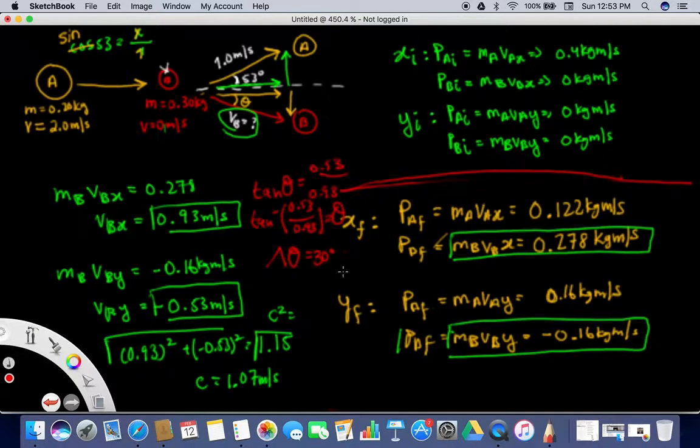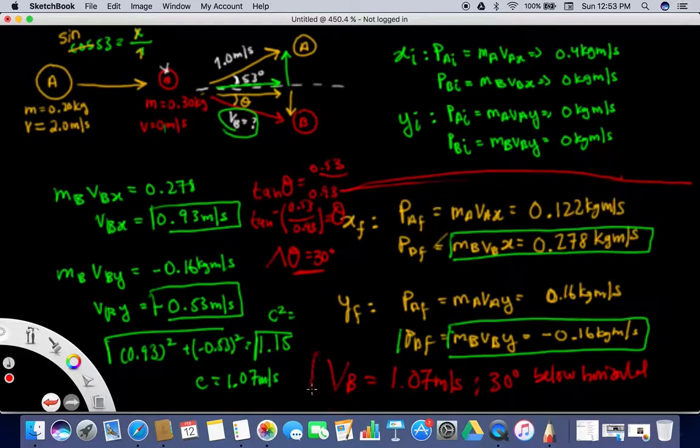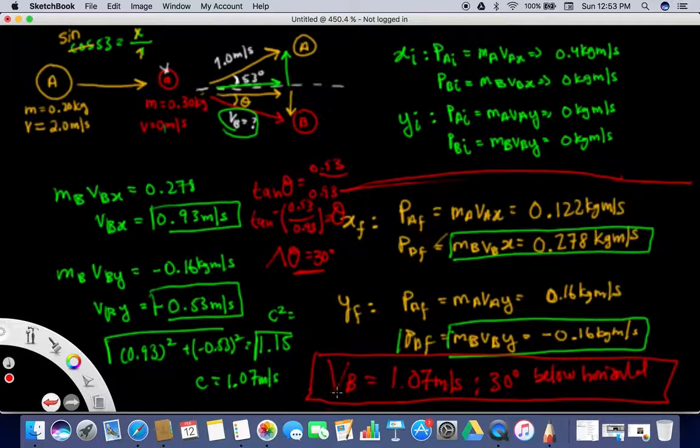So you could describe the velocity of ball B as 1.07 meters per second, 30 degrees below the horizontal. You could also describe it as negative 30 degrees, or 30 degrees south of east. There's a billion ways that you can give it direction, but you have to have some sort of directional observation in your answer so that this velocity will be a vector quantity. So this will be our final answer for the problem.